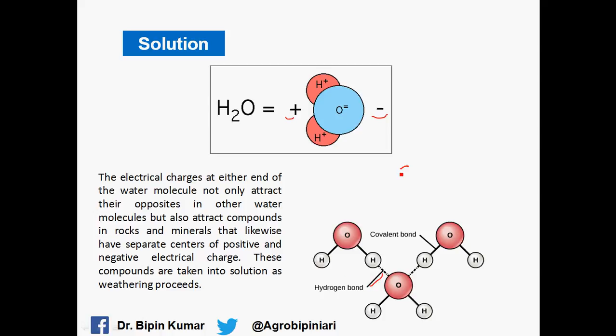Suppose any materials or minerals are lying in the soil, and they also have one side positive and the other negative. So the water molecule has the tendency to bind these minerals or materials also. So this is one of the processes through which weathering happens.